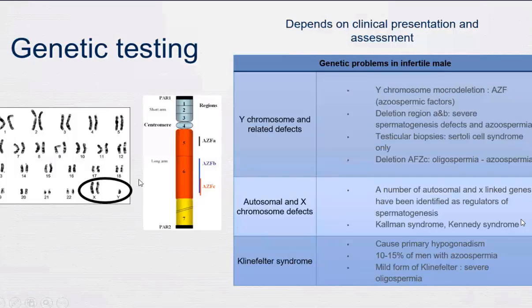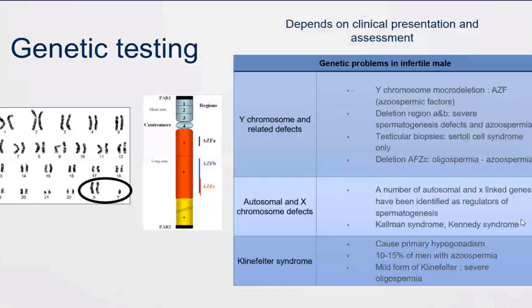So what about genetic testing? The commonest that we can see is Y chromosome and related defects. This is the long arm of the Y chromosome. You have 3 areas of AZF, which are the azoospermic factors. Deletion of areas A and B will give you severe spermatogenesis defects and usually azoospermia.